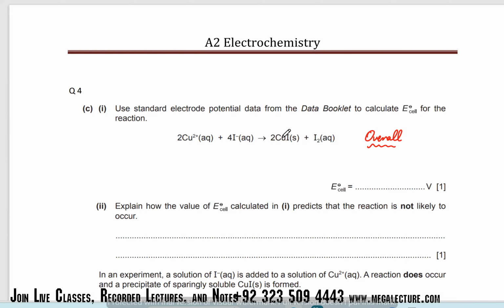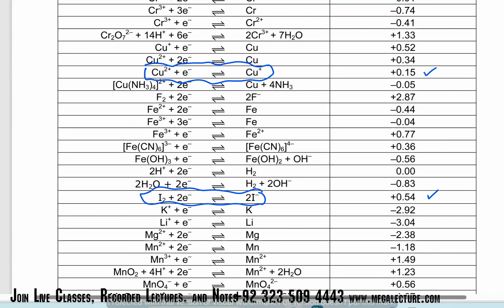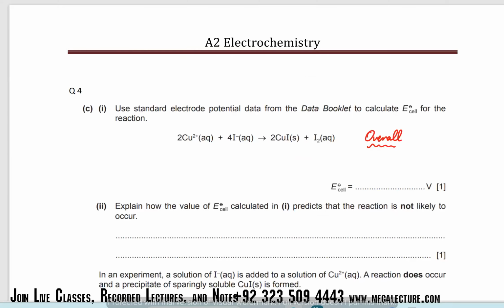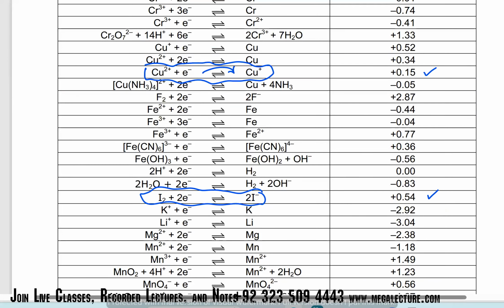Copper 2 plus changes to copper 1 plus. So this is going in the forward direction in the equation. और दूसरे को क्या हो रहा है? I-1 changes to I2. मतलब overall equation was made this way.